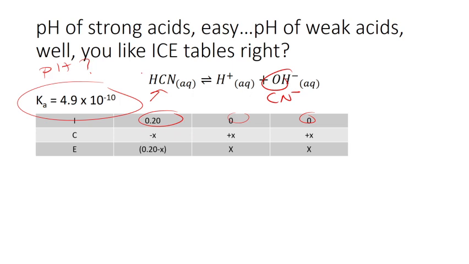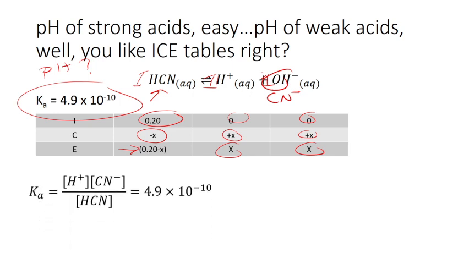So because these are all ones here for our balancing numbers, 1, 1, 1, we don't have to multiply our changes by anything. So we can just say we are going to lose some amount x of our acid, and we are going to gain some amount x of our proton and our conjugate base. And so that means at equilibrium, there will be a value of x for each of the proton and conjugate base, and that we will have 0.2 minus x for the concentration of our acid.